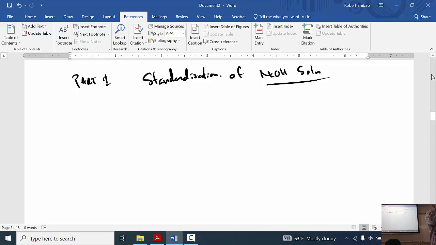Now, how do you get less than 1 drop into the flask? Well, one way is this. A half a drop won't fall down. But what you can do is touch it to the inside of your flask, and that will get it to fall down. Then make sure you rinse off any splattered sodium hydroxide.